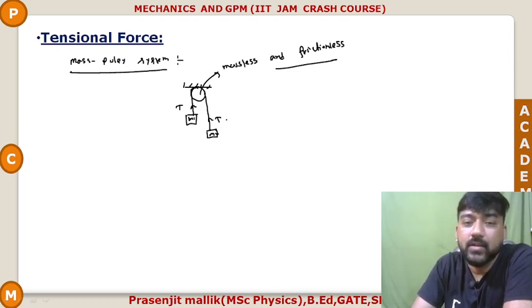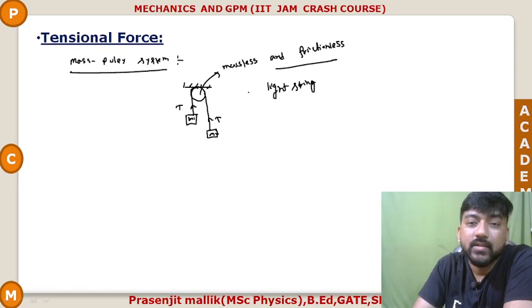Otherwise it will be different. And in most of the cases we will discuss in Newton's laws, the pulley is massless and frictionless, and the string is light and inextensible. So the string should be inextensible. Otherwise the tensional force will change.